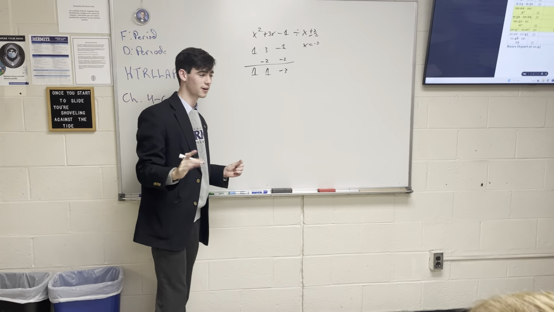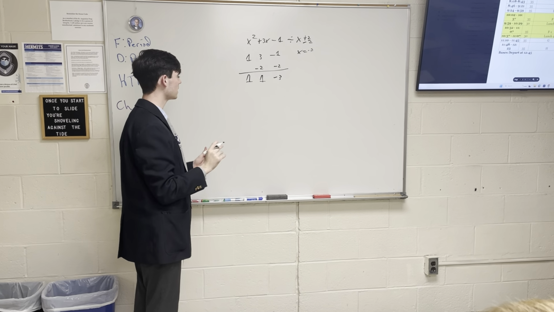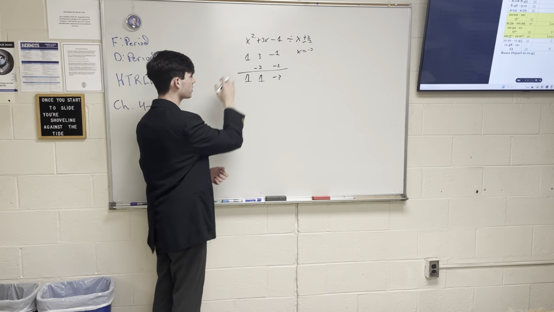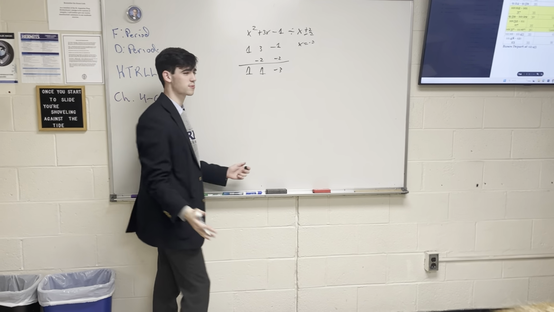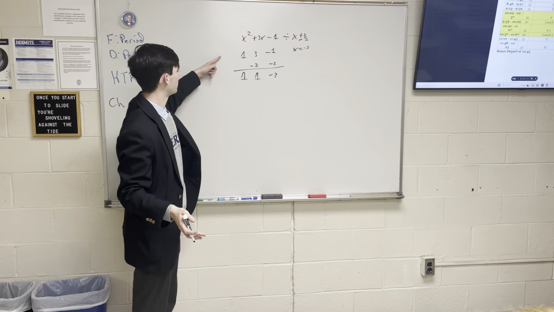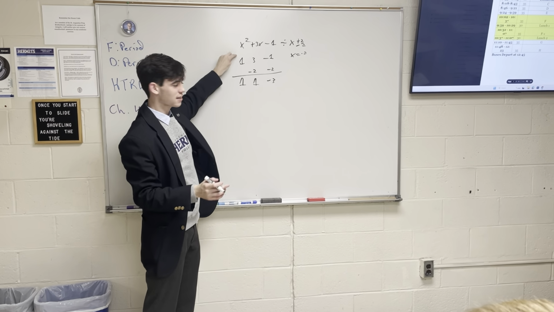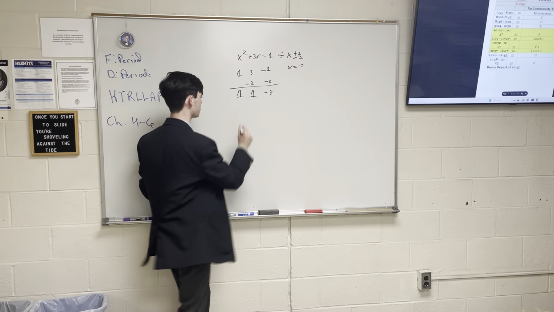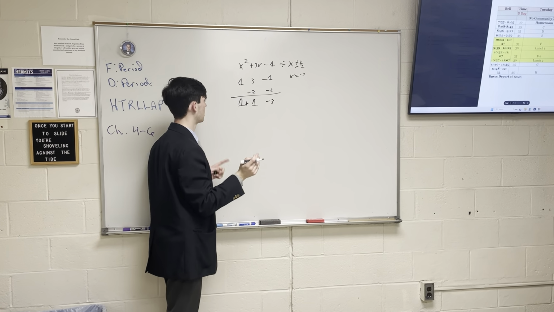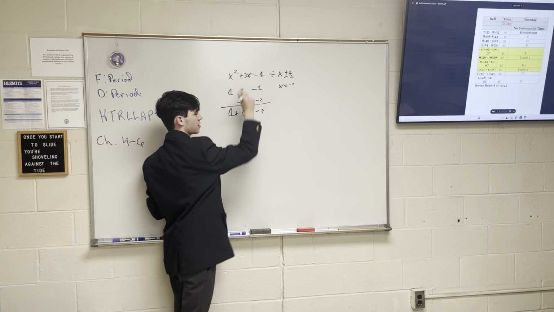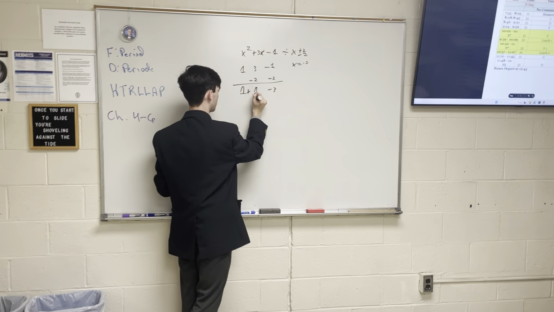Now step 4 is bringing the variables down. You bring them down to one fewer than there were. This is x squared, so you bring it down to just x. And this is x, so you bring it down, and there's going to be no x. So this is just 1.